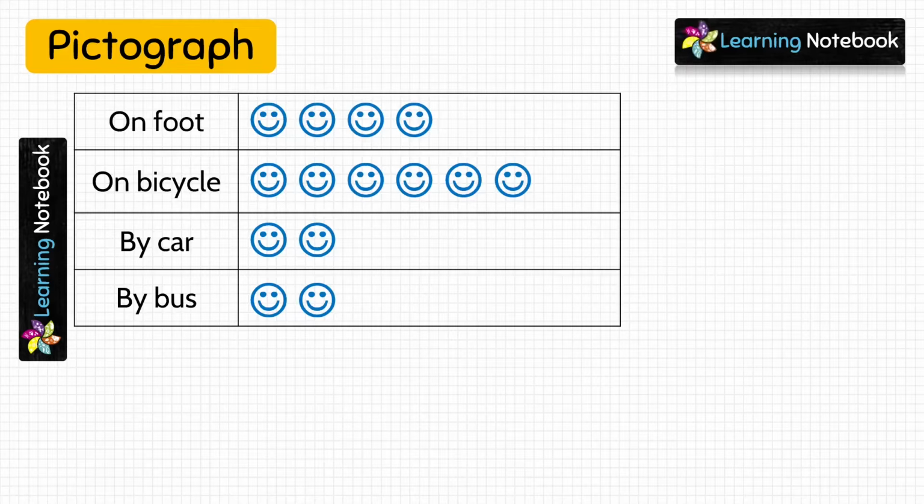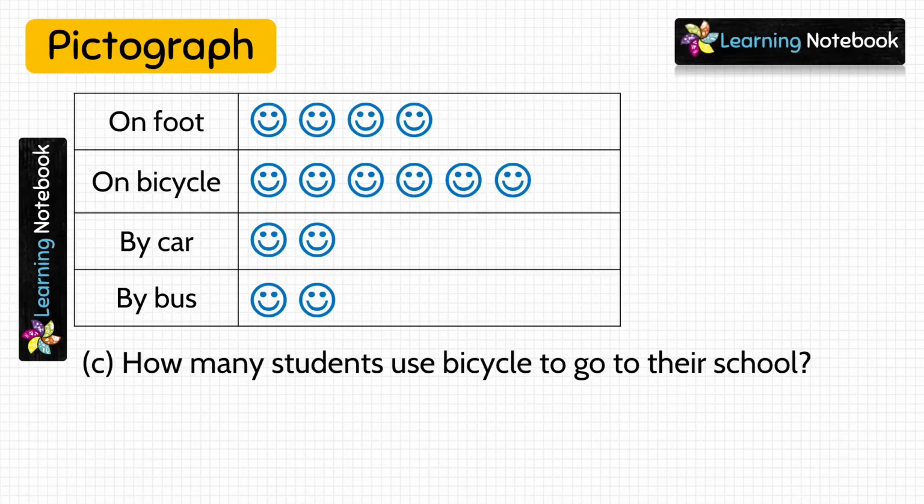Now next C part is, how many students use bicycle to go to their school? So again take a look at this pictograph. 6 smileys are representing number of students who use bicycle. So 6 smileys mean 6 into 100, which is equal to 600 students.